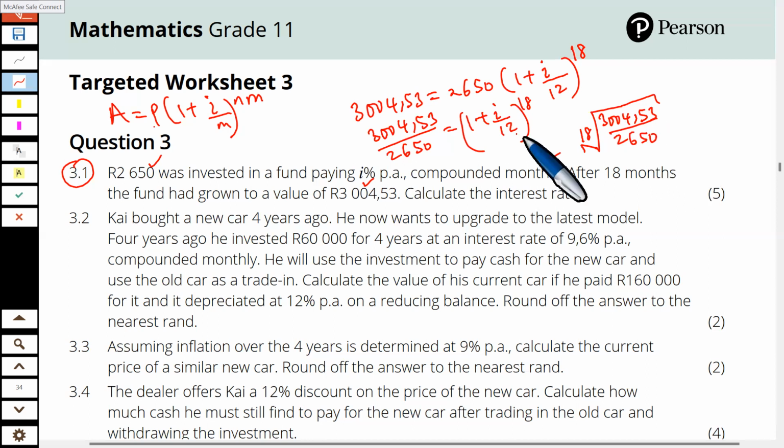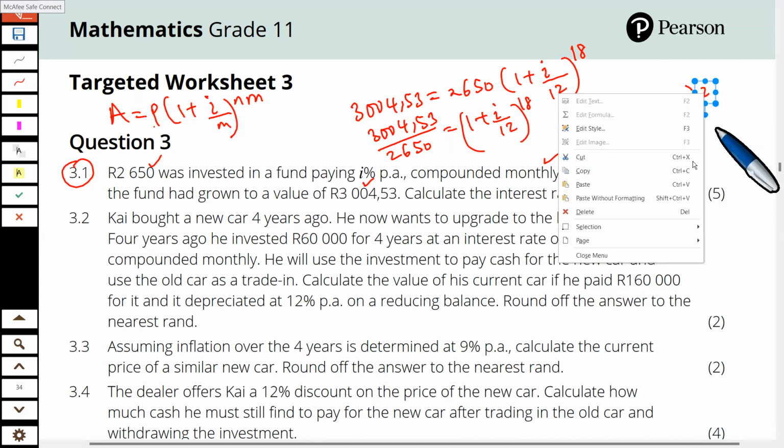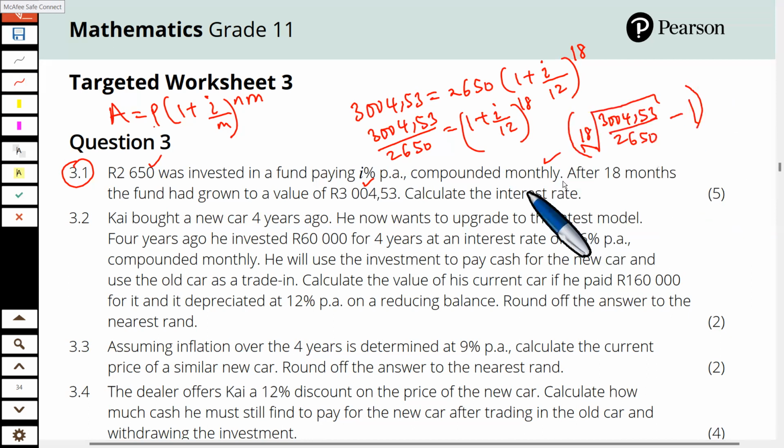Okay, you have taken the nth root and then you subtract 1. After subtracting 1, you also multiply by this denominator, 12. Then it is actually equal to I. This must be the I, because they're saying calculate the interest rate. So we're looking for the I.